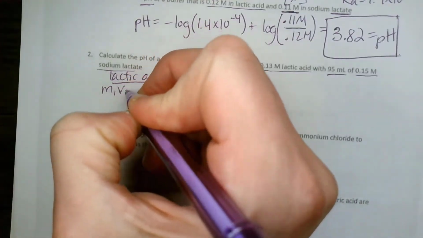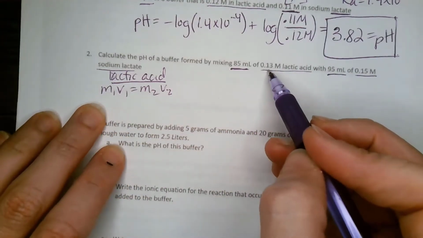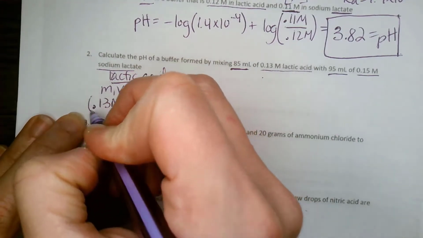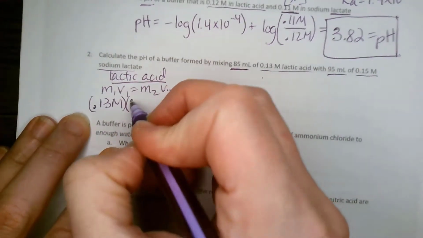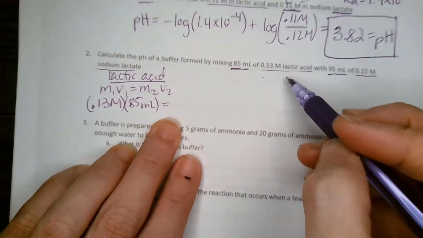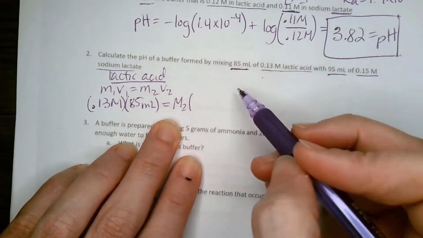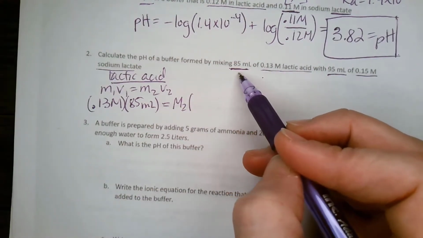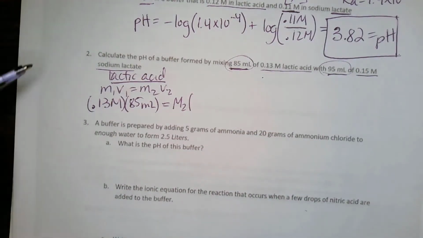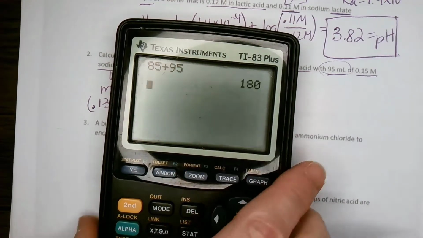We'll do M1V1 equals M2V2. So the molarity first was 0.13. Volume was 85 milliliters. We don't know what the new concentration is after we mix it, so we're going to say M2, but V2, the volume after I mix them, is 85 plus 95, which is 180 milliliters.